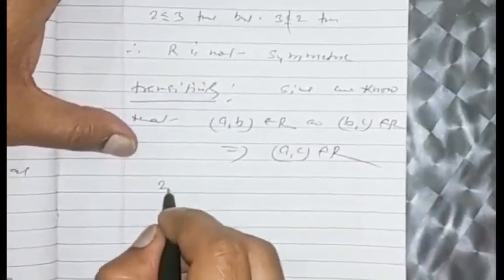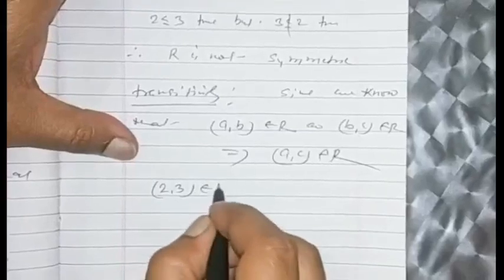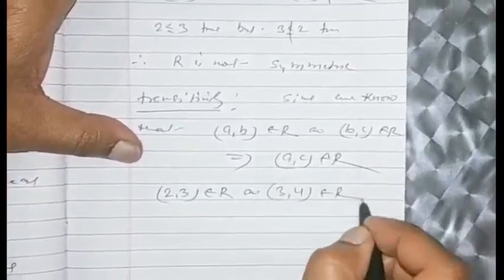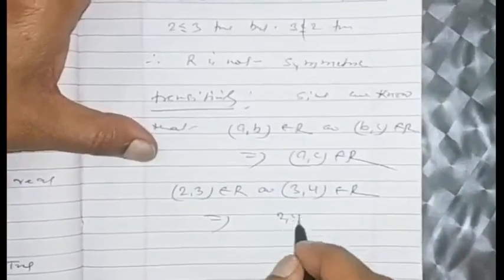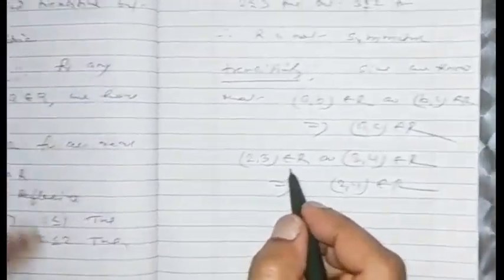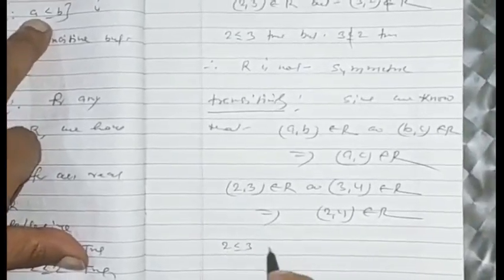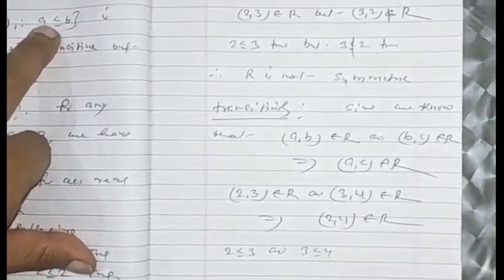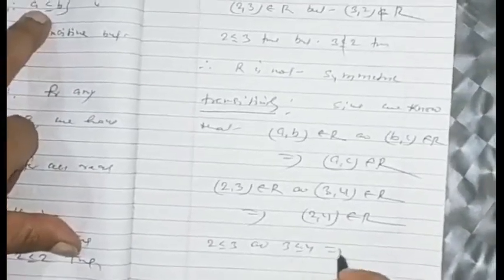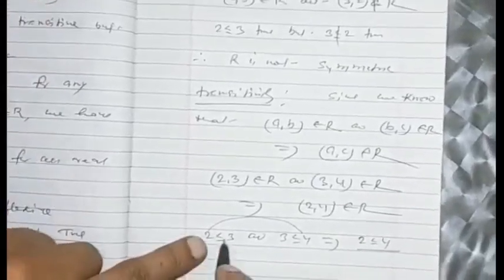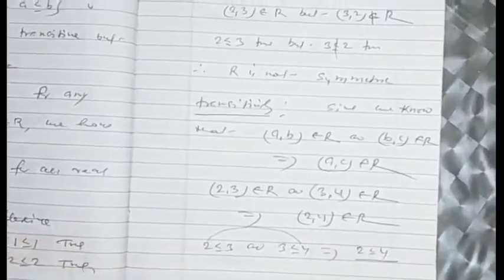Suppose (2, 3) belongs to R and (3, 4) belongs to R, this implies (2, 4) also belongs to R. Applying the condition, 2 less than or equal to 3 is true, 3 less than or equal to 4 is also true, and this implies 2 less than or equal to 4 is also true.